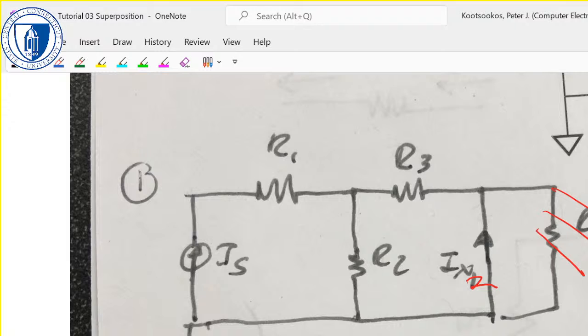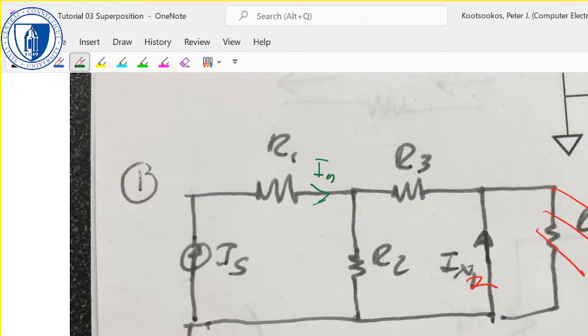It's like the last problem of current, we've just got IS coming through here, right?